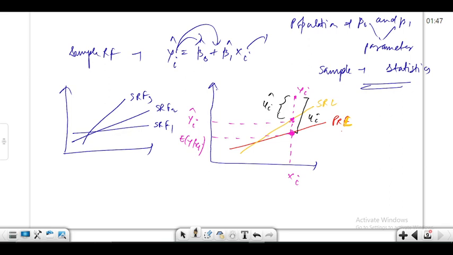For the sample, given xi, the actual value is yi, but the expected value is lying on the sample regression line here, and this gap represents your ui hat. This is the graphical representation, and it helps you understand the notations in a better manner. So yi hat is being represented by this function.